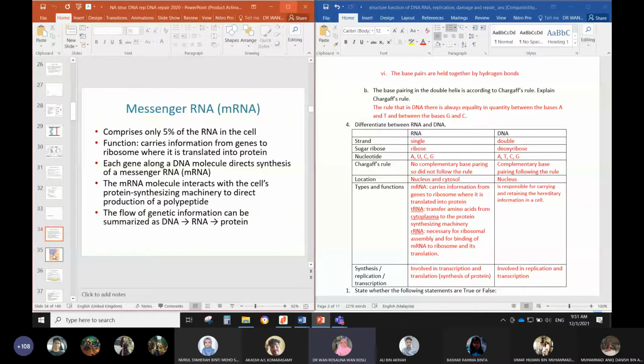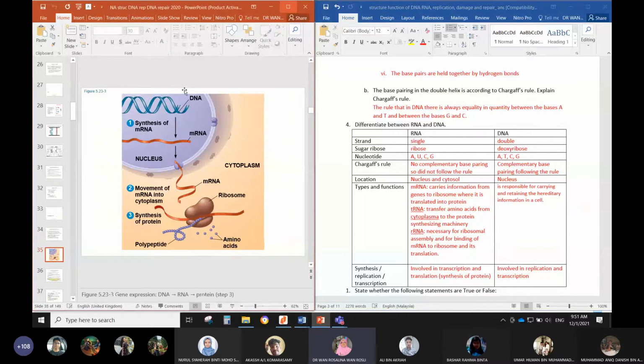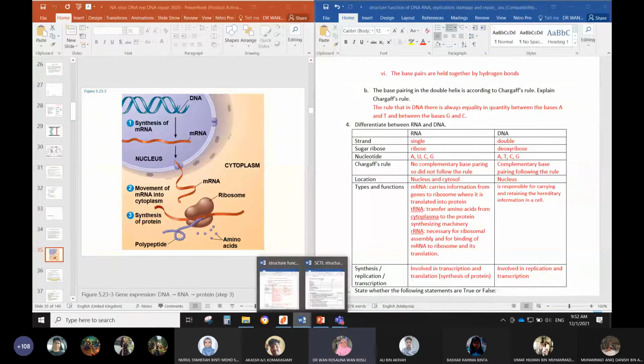It's in your DNA that stores all the information. From there, your mRNA will be synthesized and then transported out into the cytoplasm, and then it would be involved in translation that would involve your tRNA and also rRNA. Okay, so the next one.